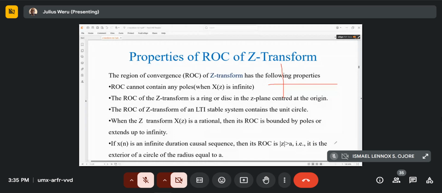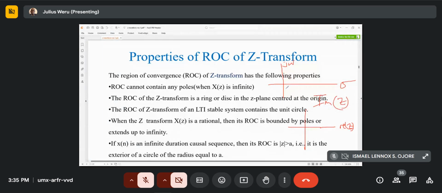In our case here, we have the imaginary Z and the real Z. For Laplace, we have S, which is sigma plus j omega, where omega is the imaginary part.